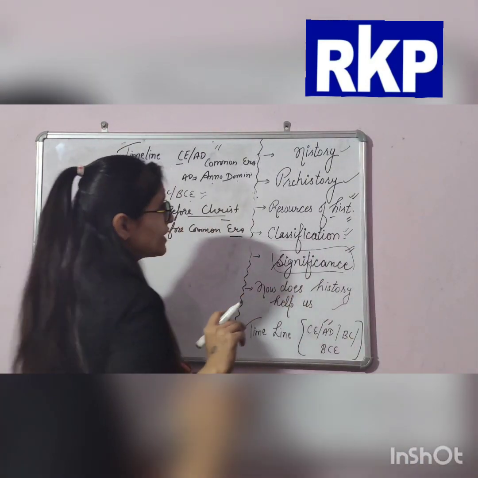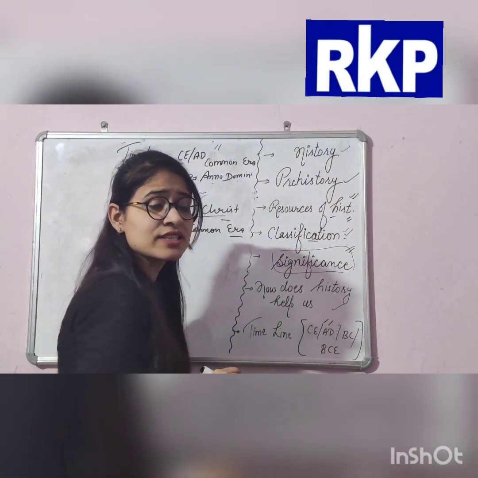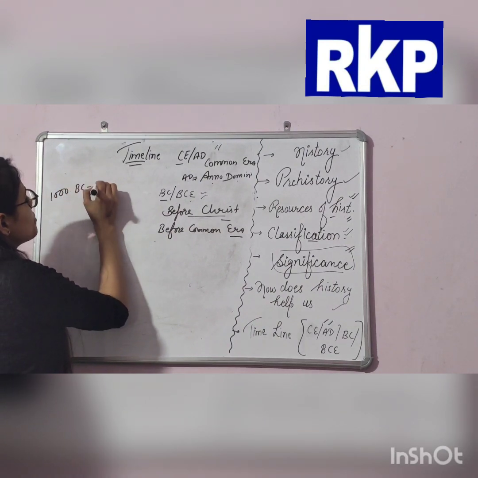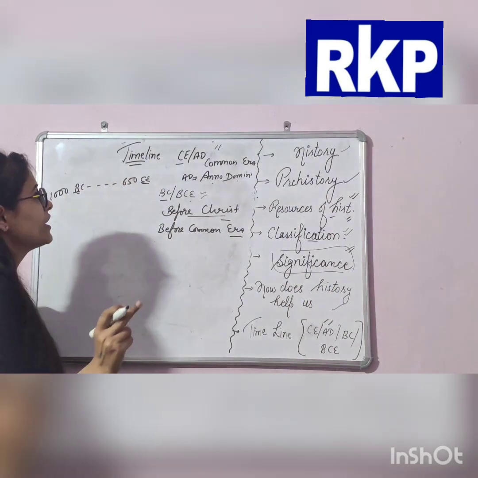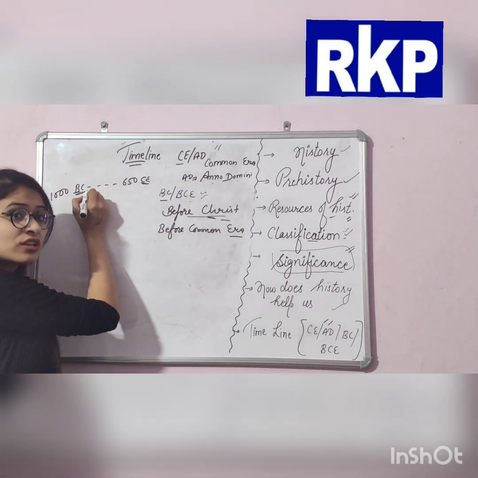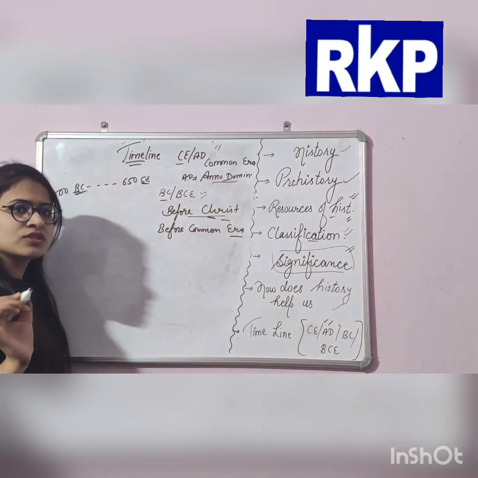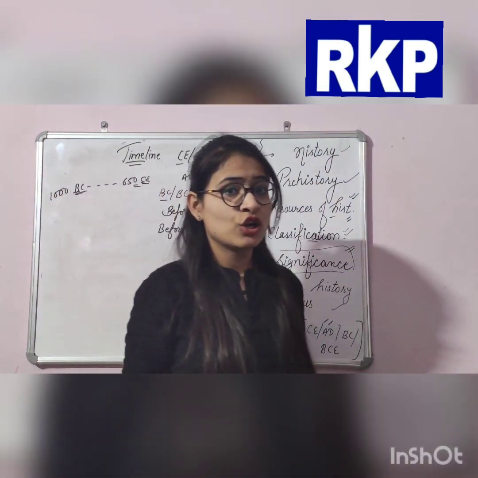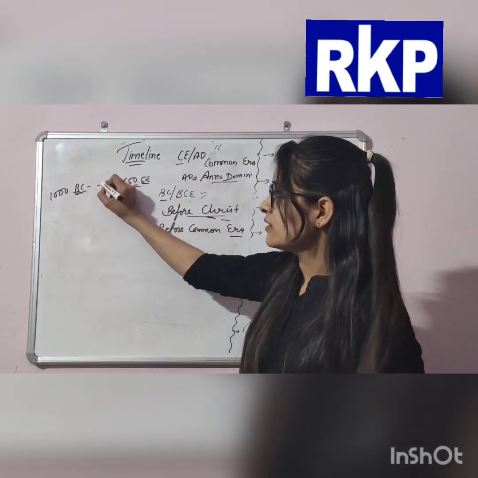So, as we discussed in the classification, in ancient history the Vedas started from 1000 BC to 650 CE. The time period was different. BC means before Christ, so this was before the birth of Jesus Christ, and CE, Common Era, means after the birth of Jesus Christ. Then obviously Jesus Christ was born in the middle of that.